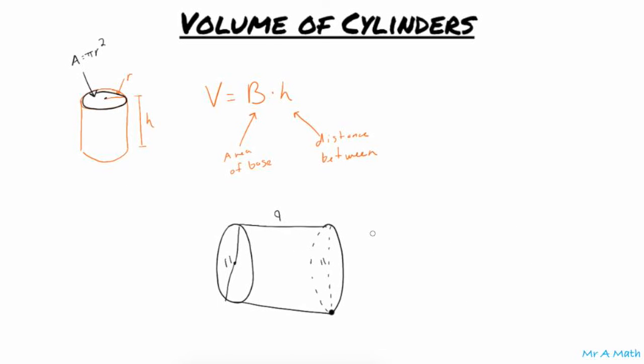All right, so here we have another example of a cylinder, although this one is not up and down anymore. So we need to write out our formula: the area of the base times the height. What are my bases here? My bases are the circles in this cylinder. So it's going to be pi times whatever my radius squared is. But what's my radius?